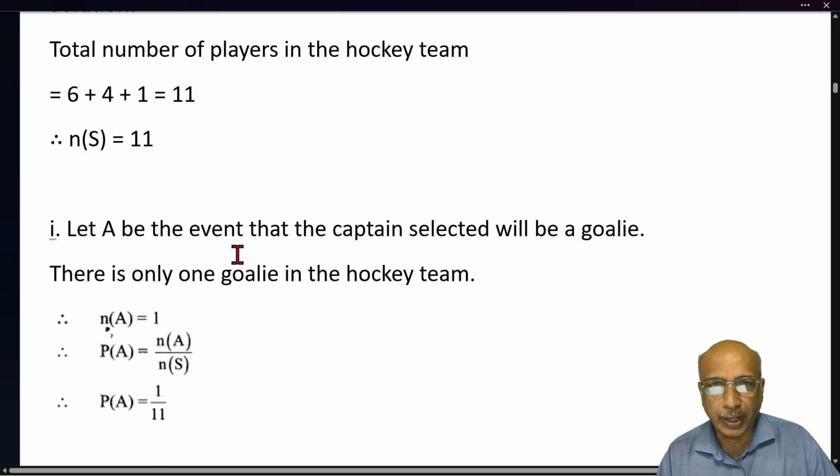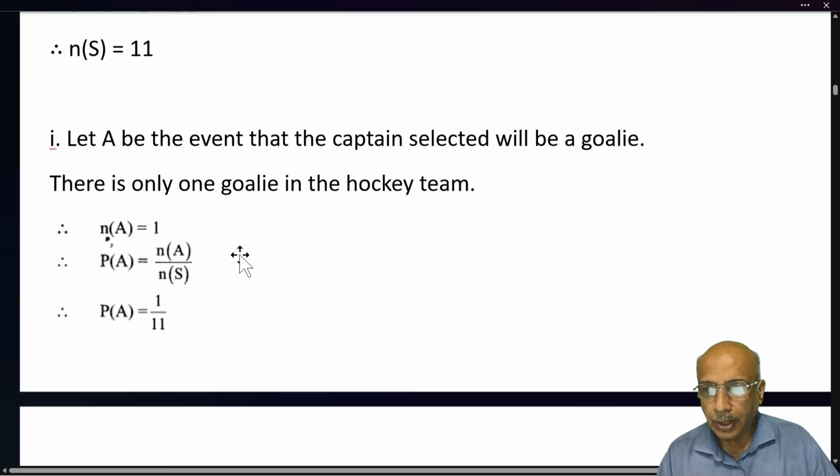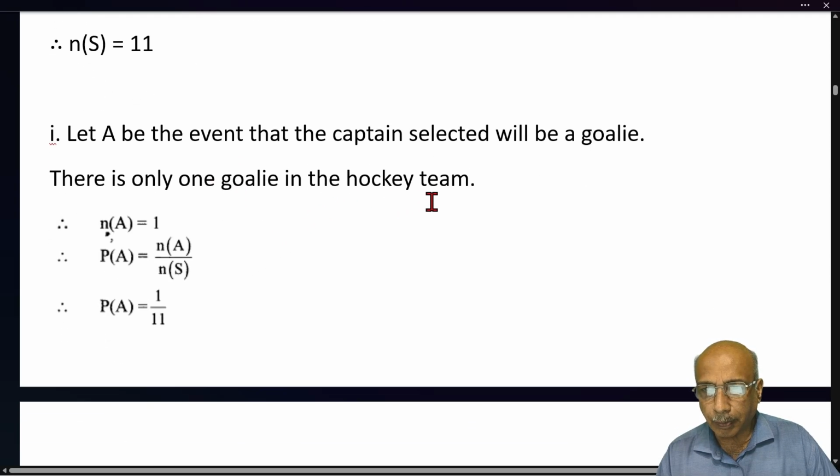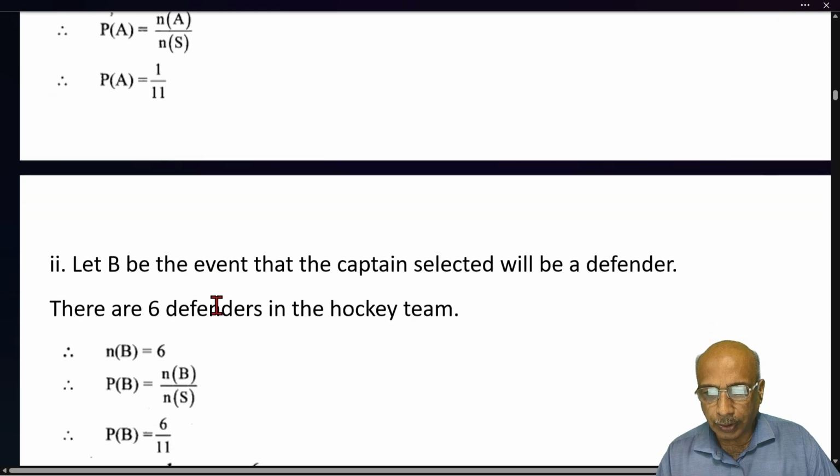So n of S, sample space, will be 11. Let A be the event that the captain selected will be a goalie. There is only one goalie in the hockey team. Therefore, n of A equals 1. So P of A equals n of A upon n of S. So probability of selecting goalie will be 1 by 11.